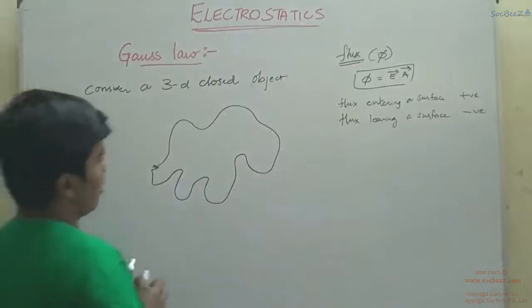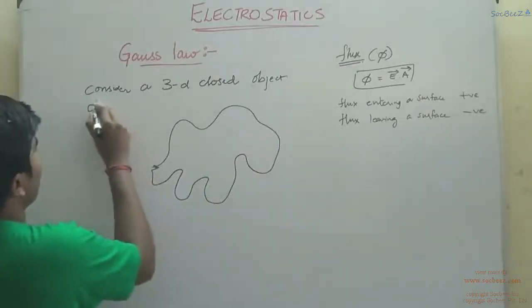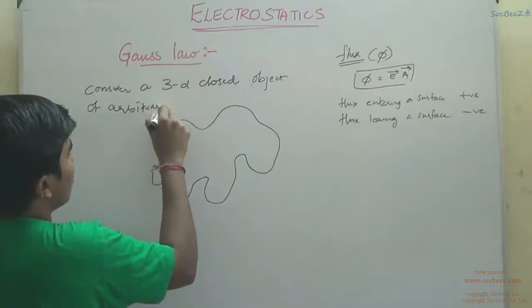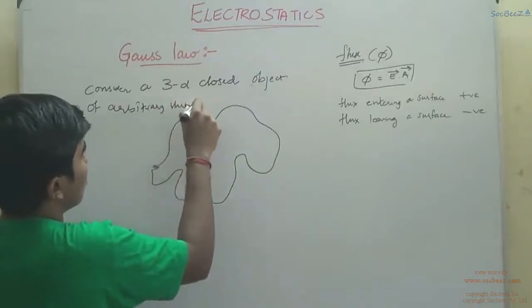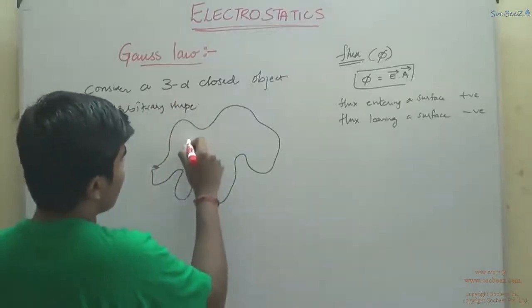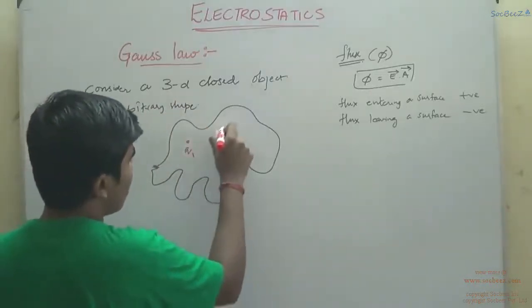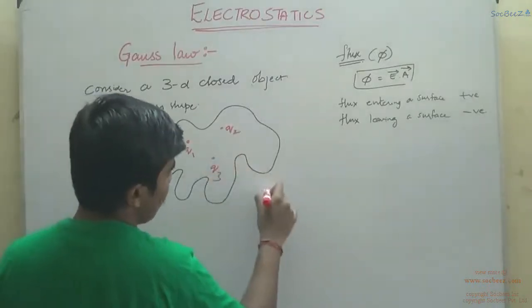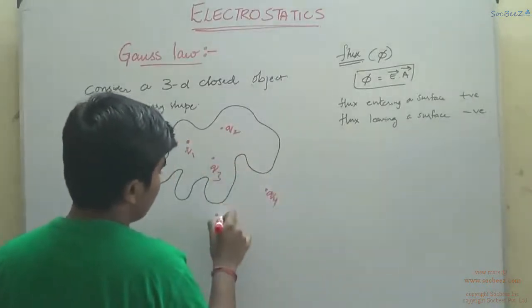The shape is arbitrary. Let this have Q1, Q2, Q3 charges inside and Q4 charge outside.